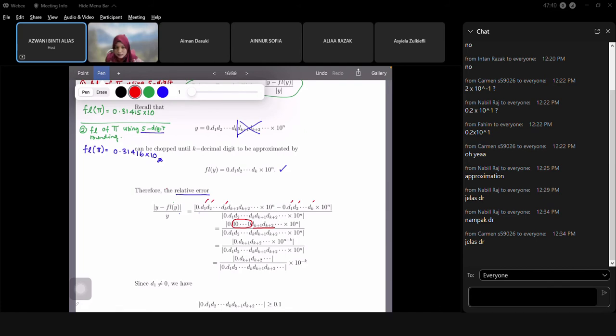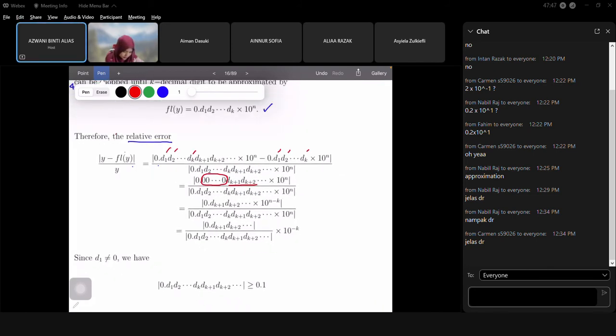Okay. Sini boleh ikut kan? Sini okay. So this is yang denominator is the same thing, alright. So what's next? Okay. So now they want to remove 0 here. Apa yang dia buat ialah they change here. So 10 to the power of n, they remove the 0, you akan dapat 10 to the power of n minus k in the general term.